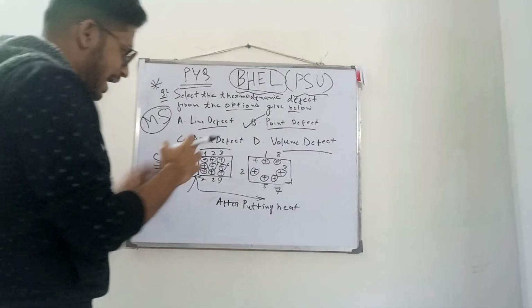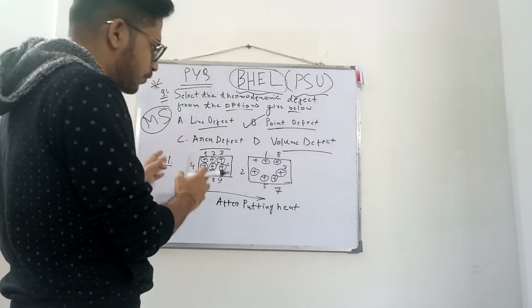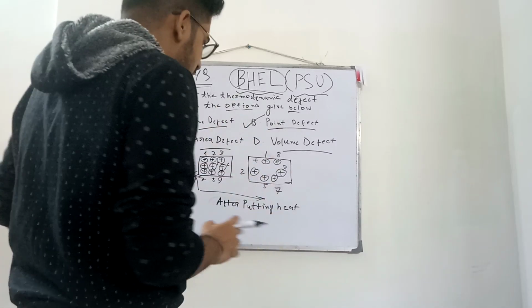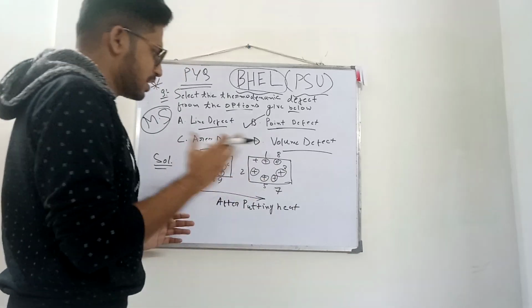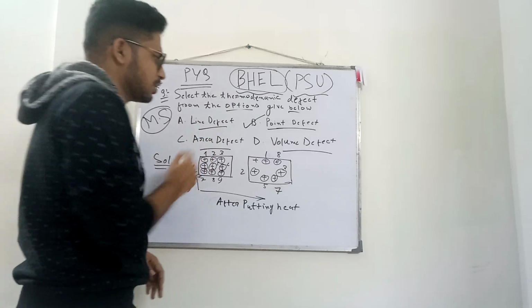So it's vibrating, and these atoms move from the initial position to another position, and this is how a defect occurs, which is called a point defect.